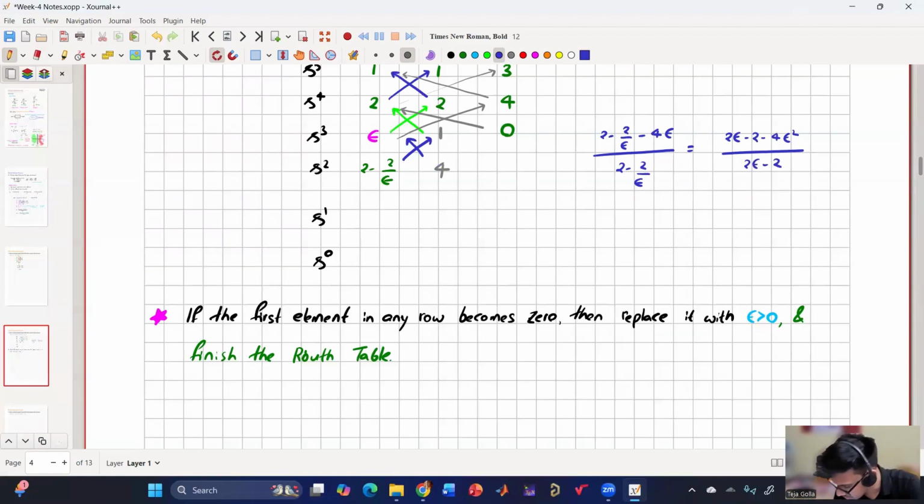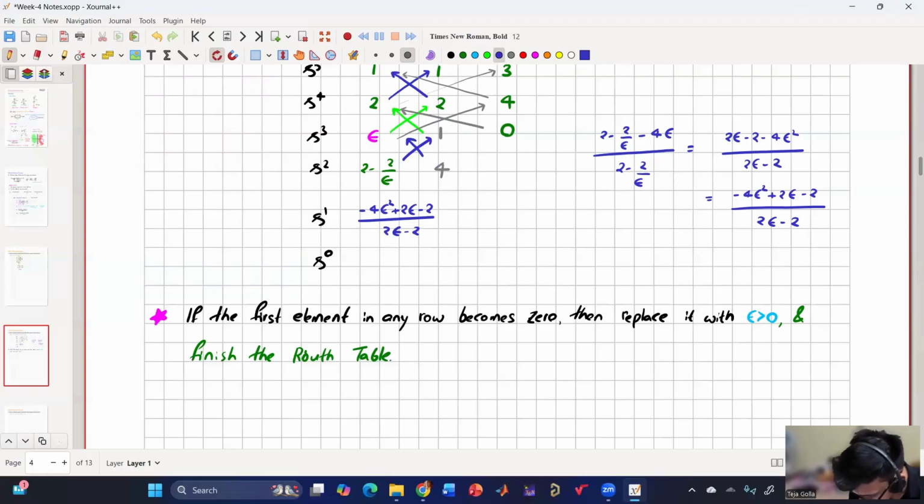Yes, sir. So we are getting minus 4 epsilon square plus 2 epsilon minus 2 by 2 epsilon minus 2. Then this element will be 0 and the last element will become 4.